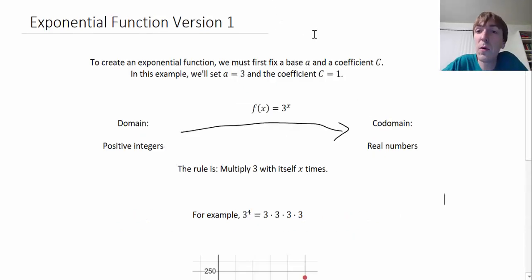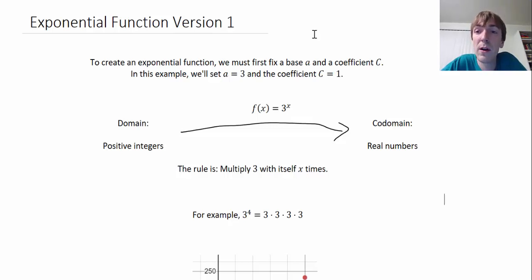As I said, we're going to start constructing this from scratch, just talking about what it is. And like I'm saying, I expect there's going to be a lot of review in the next couple slides, but do pay close attention. So to create an exponential function, we first have to fix the base. We're going to call that base a, and we're also going to fix a coefficient c.